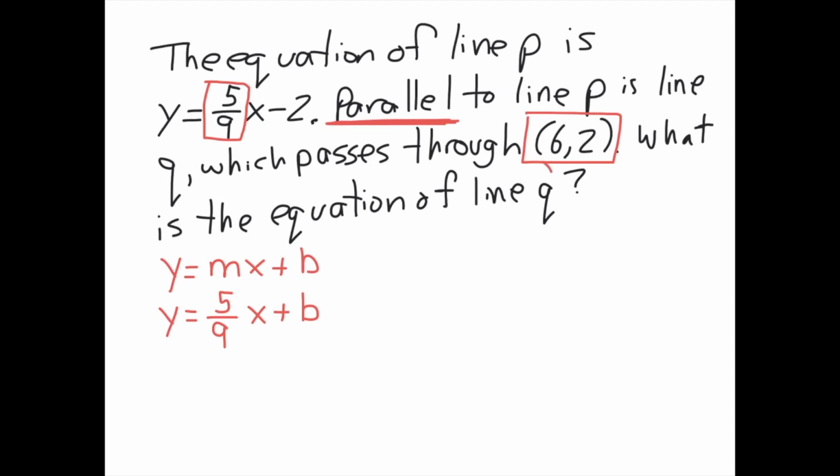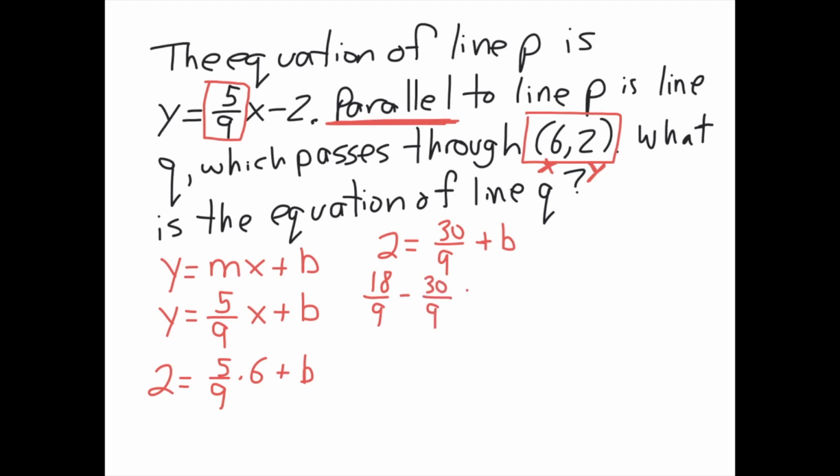So now I'm going to label here, I have x is 6 and y is 2, that those have to work in my equation. So 2 equals 5/9 times 6 plus b. And the rest is just working through the algebra here. So we've got 2 equals 30/9 plus b. And since I have fractions to work with, instead of the 2, I'm going to want to convert that into 18/9 and subtract 30/9 from both sides.